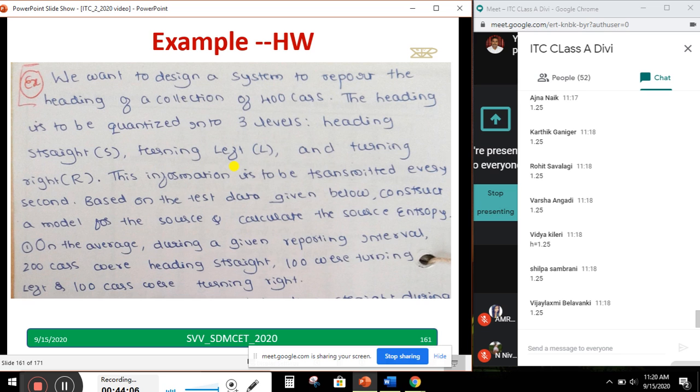We want to design a system to report the heading of a collection of 400 cars. Read it, try to write down the state diagram. Take a minute or two.